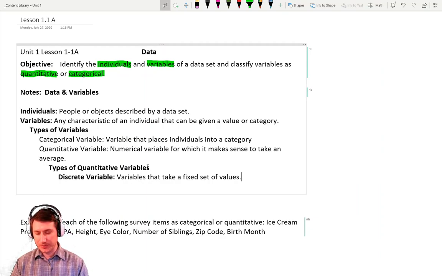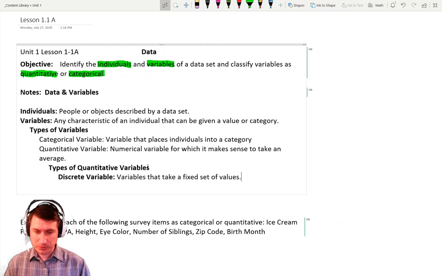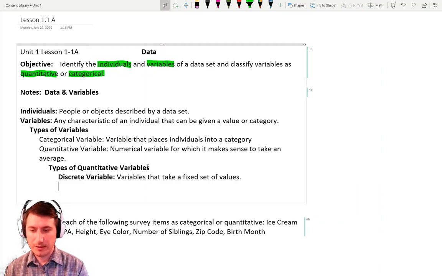You'd have to give me the numbers 0, 1, 2, 3, 4, etc. It'd be pretty hard to tell me, oh, we have 2.35 cars. That wouldn't make any sense at all. But I could still take everybody's answers and say, on average, the whole class has 2.3 cars at home. That would make sense. But the answers that you give me would all have to be those discrete values, 0, 1, 2, 3, 4.